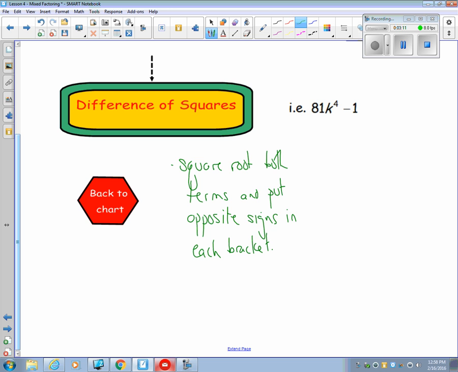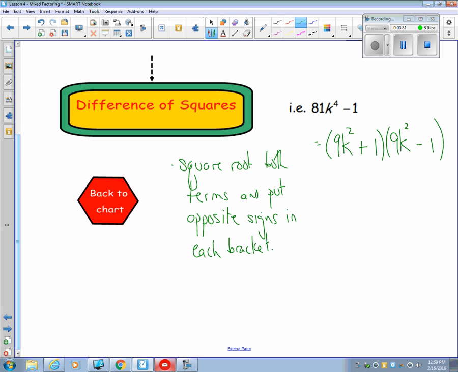And by each bracket, I'm saying there's 2 brackets, right? So let's take a look at this one. There's 2 terms. There's a minus sign in the middle. I can square root them. So let's do that. The square root of 81k to the fourth, 9k squared. Square root of 1 is 1. And with the exact same things out in the other bracket, 1 plus, 1 minus.